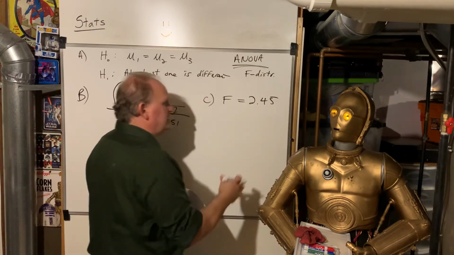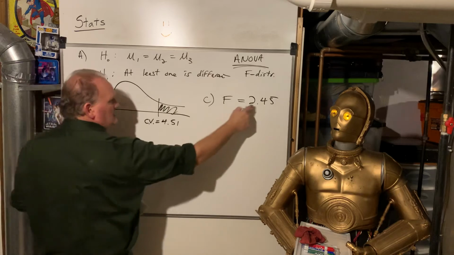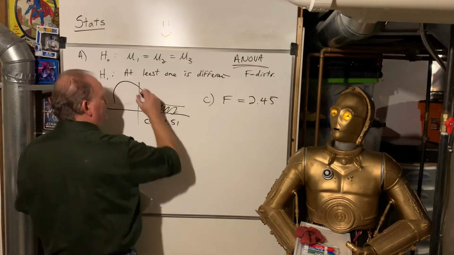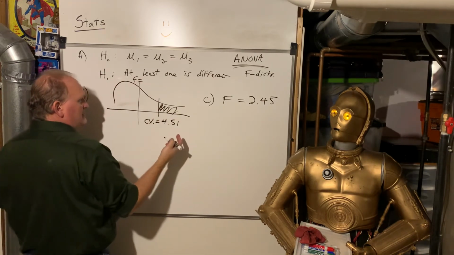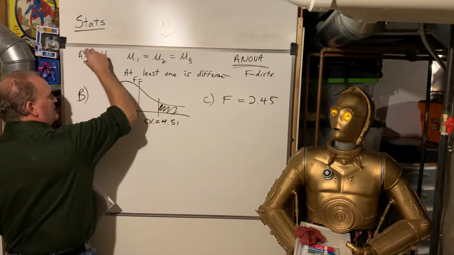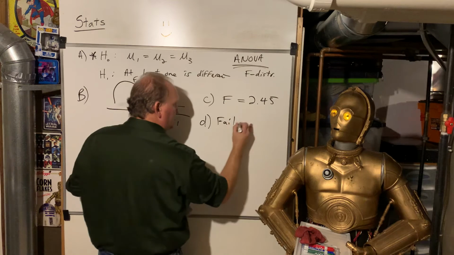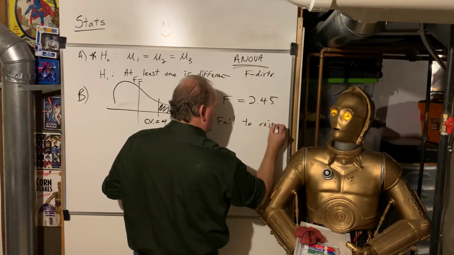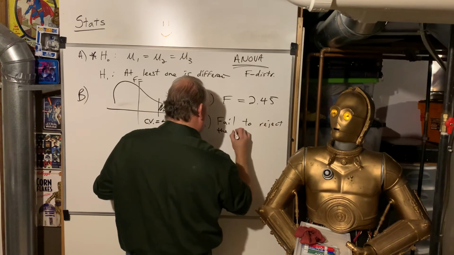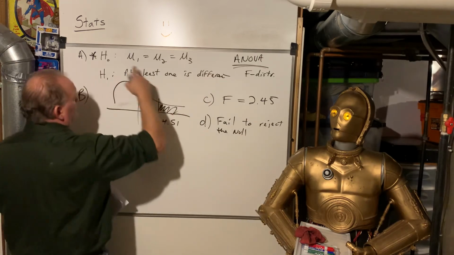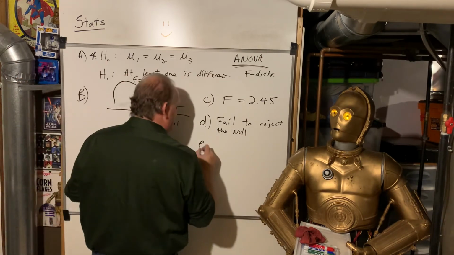So our job is really just to interpret these numbers. So 2.45 would be here, which means we fail to reject the null. And then conclude that the means are not different.